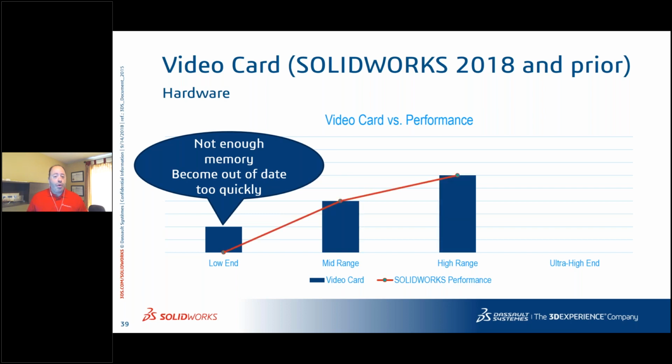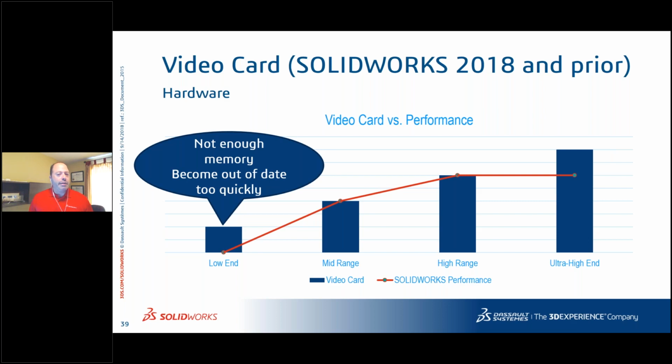Our suggestion for up to SOLIDWORKS 2018 is a good mid-range to high-range video card, because with those cards SOLIDWORKS can take advantage of them. But up until SOLIDWORKS 2018, people were asking, should I buy that really huge graphics card with a gazillion dollar price tag?